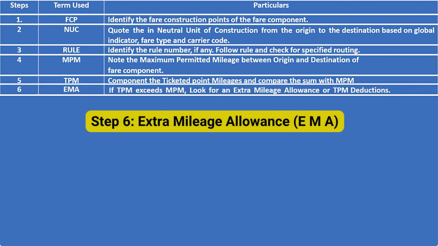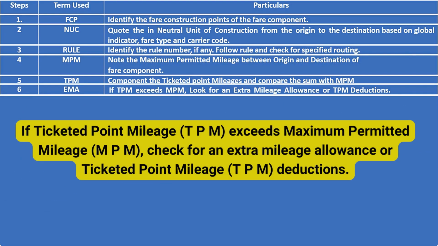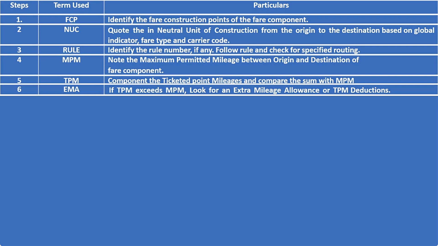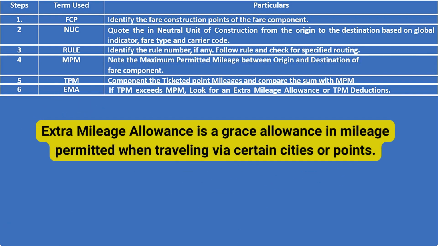Step 6. Extra Mileage Allowance, EMA. If ticketed point mileage, TPM, exceeds maximum permitted mileage, MPM, check for an extra mileage allowance or ticketed point mileage, TPM, deductions. Extra mileage allowance is a grace allowance in mileage permitted when traveling via certain cities or points.